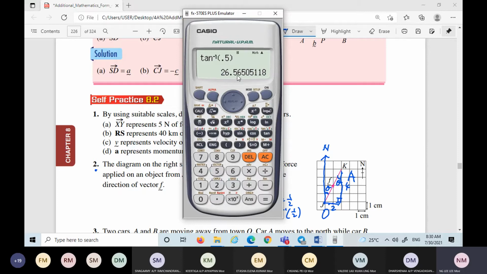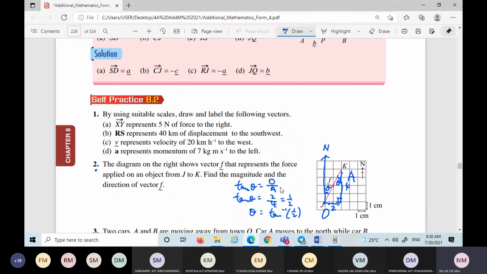So the angle is 26.57, 4 significant figures.